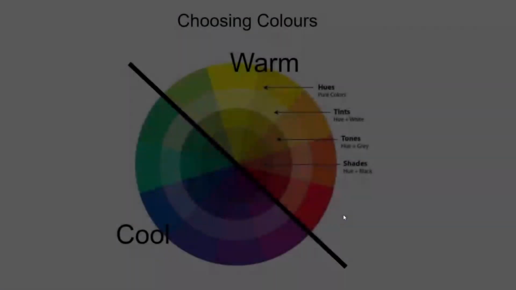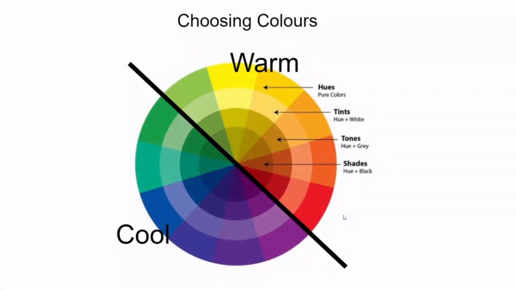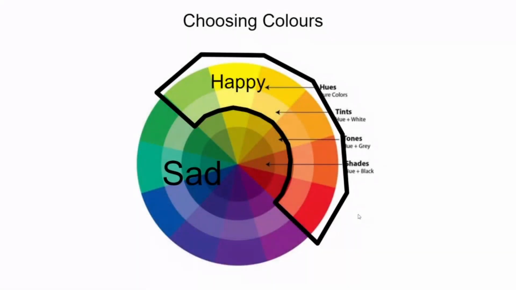So when you choose colors to use, there's different terminology for different areas of the color wheel. Everything from red to light green is warm, and everything from violet to the darker green is cool. You can also split them into different emotions. There's sad colors and happy colors.